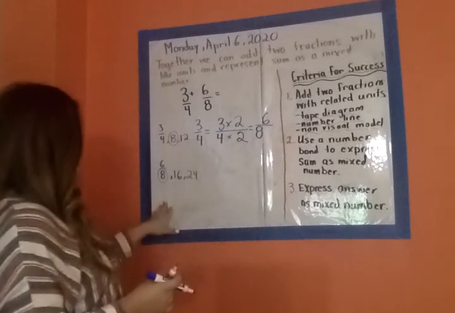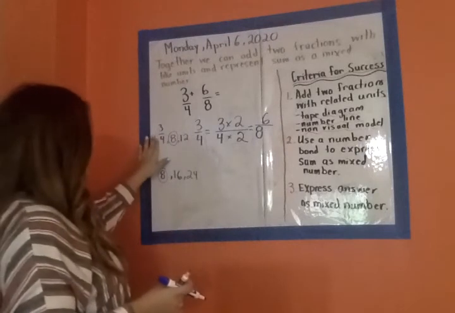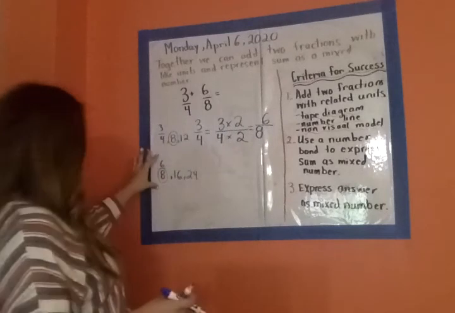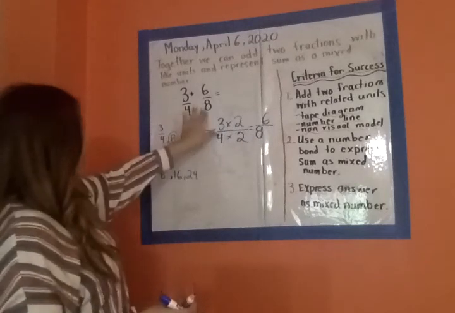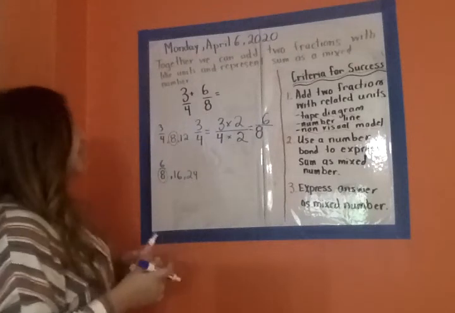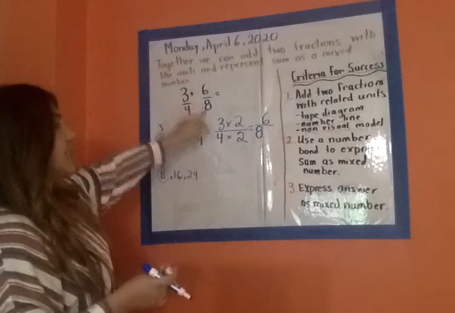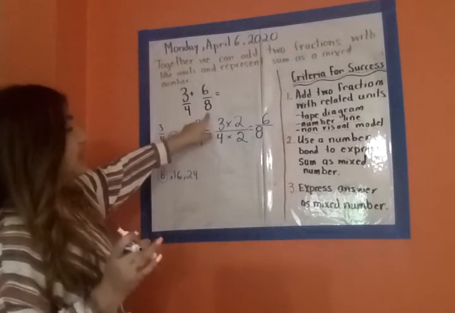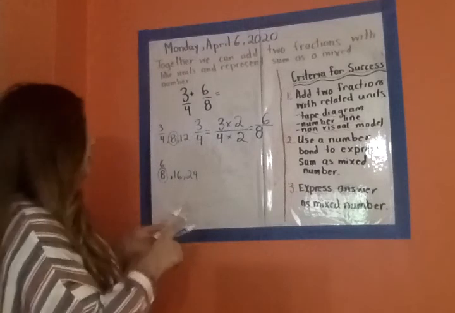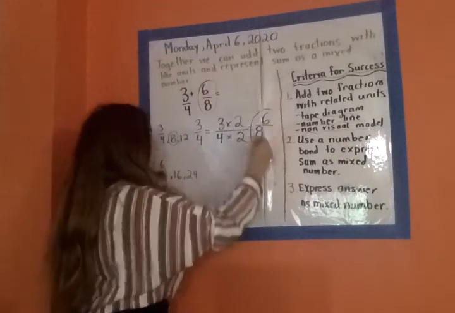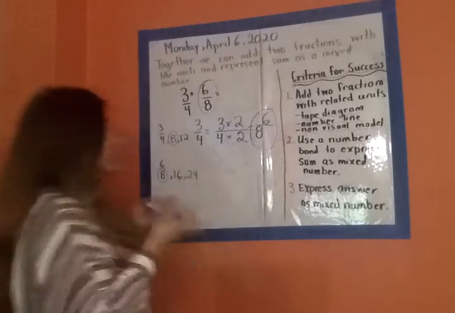Now I have 3/4, which is equivalent to 6/8, and my original other addend, which was 6/8. Now I can finally put them together. I didn't need to change 6/8 because I was sticking to 8 as my denominator.